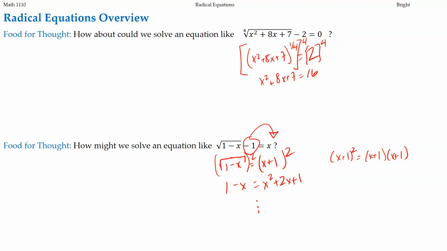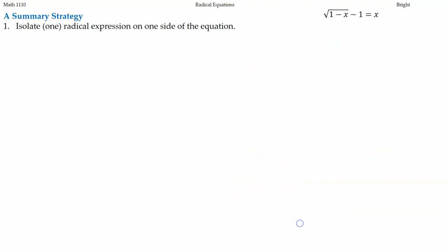Now if we look at the common patterns in what we ended up doing to solve these, what we started with is we isolated one radical expression on one side of the equation. Here I'm just going to follow this example down. With 1 minus x, I would add 1 to both sides.